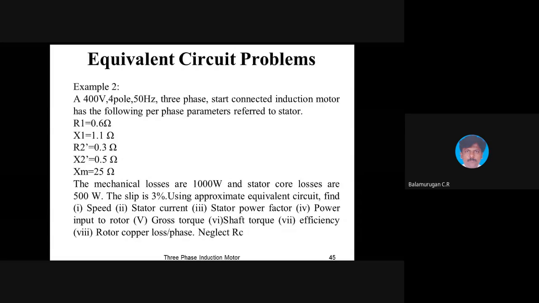So now you tell the I naught value. (9.2 angle 0).